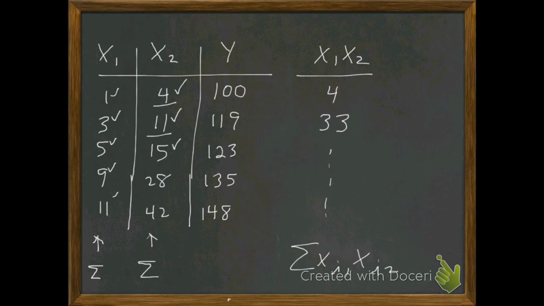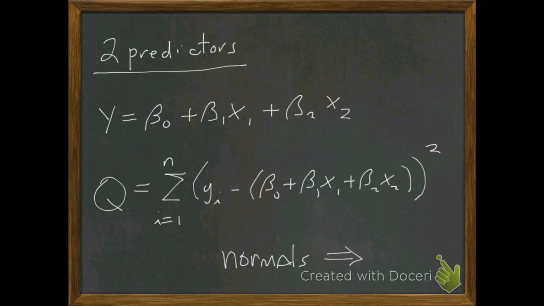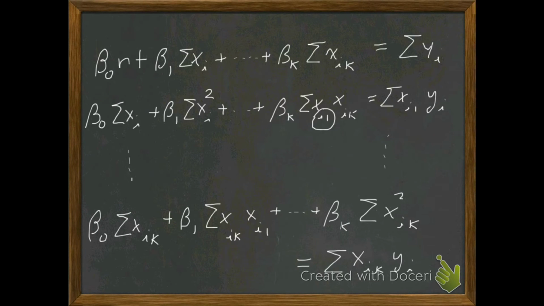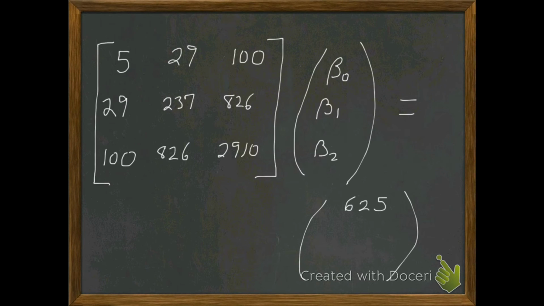The next thing we do is take the product of the x1s and the y's and sum those up. Back to our data set, I would take 1 times 100, 3 times 119. You can see we're going to get a pretty big number here, and I did this earlier and got 3,915.